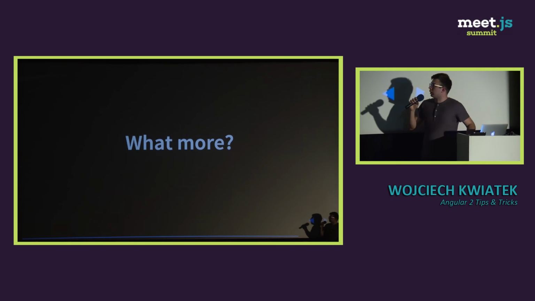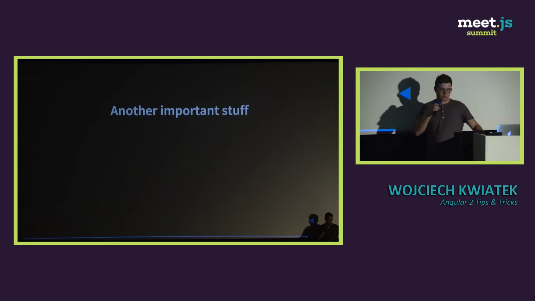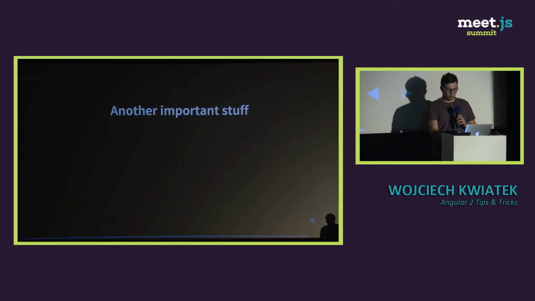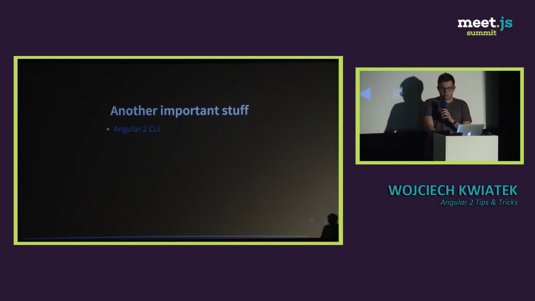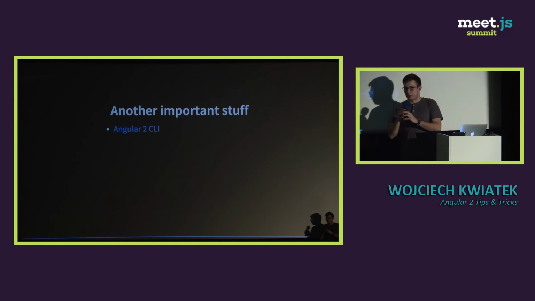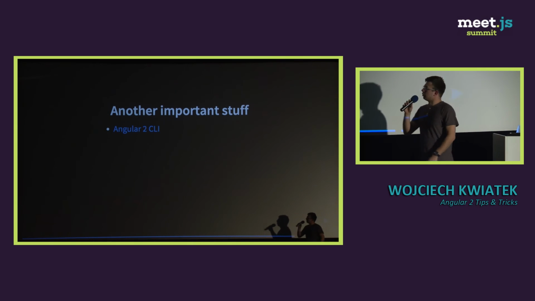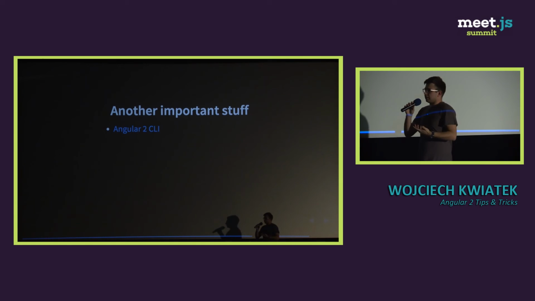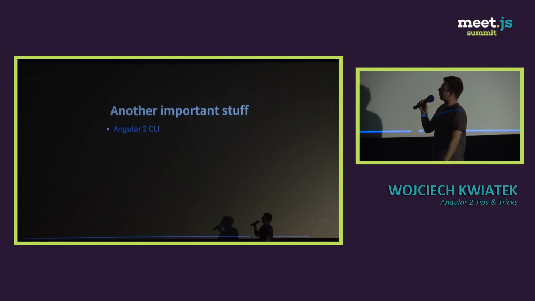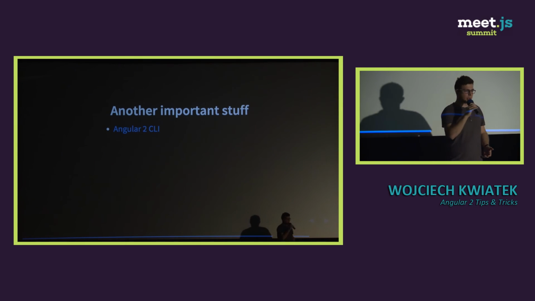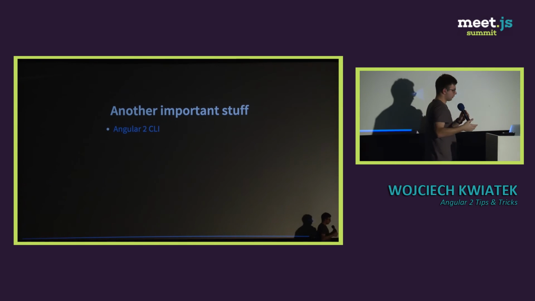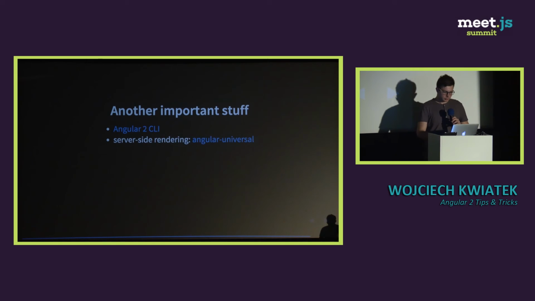Okay, so I have some other ideas what you can read, what you can check out about Angular 2. Angular 2 released the first version of CLI, which you can use to build applications from the command line. You have server-side rendering.